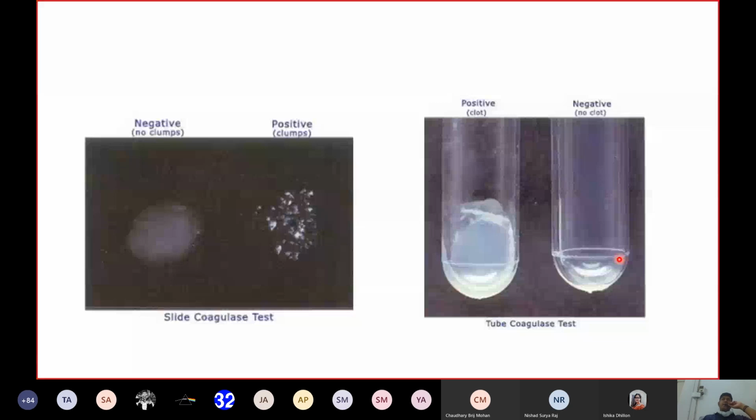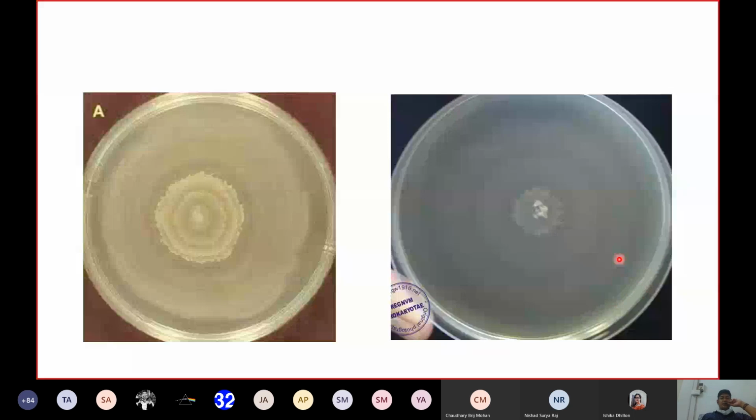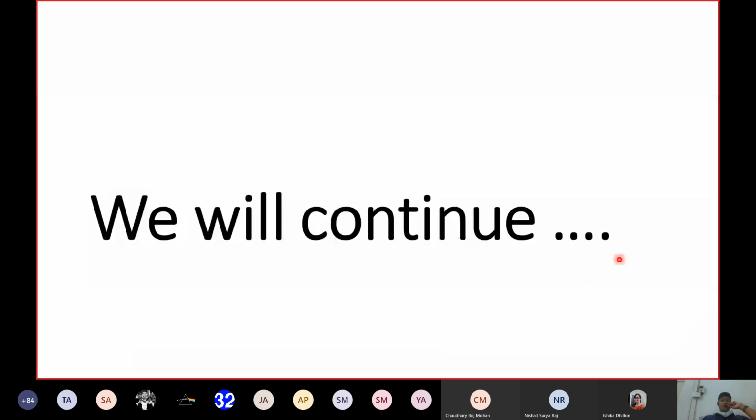And in coming class, we'll be talking in detail about all these tests. So just read so that it will be easier to discuss in coming classes. At that time we'll again be seeing these pictures. So we'll continue in coming class.